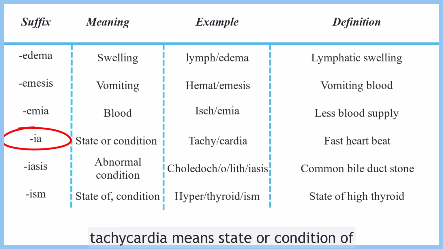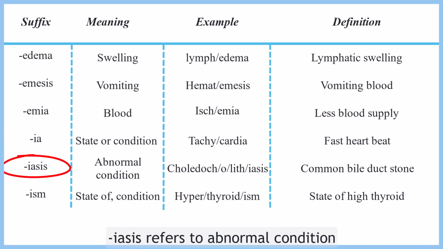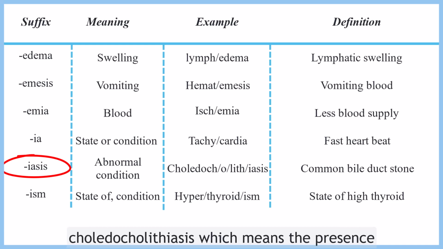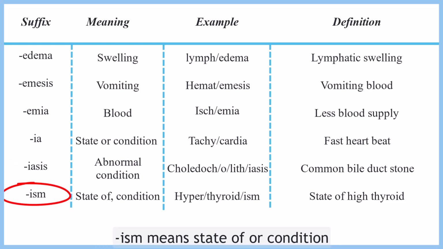Tachycardia means state or condition of fast heart beating. Itis refers to abnormal condition. Choledocholithiasis, which means the presence of gallstones in the common bile duct. Ism means a state of or condition. For example, hyperthyroidism, which means state of high thyroid.